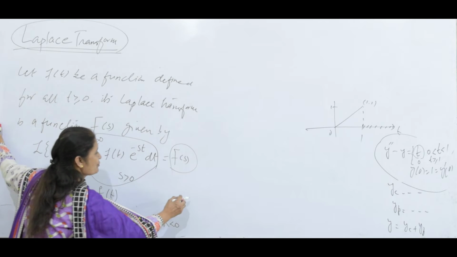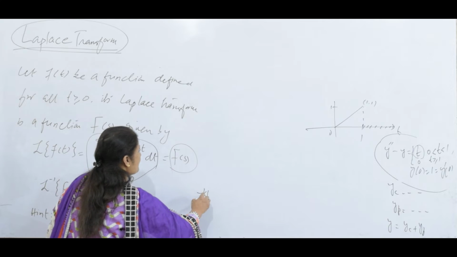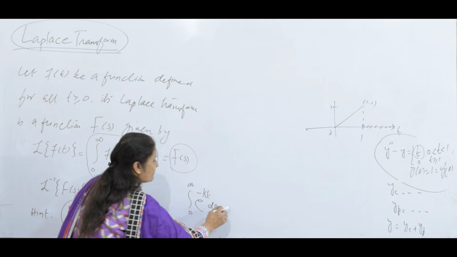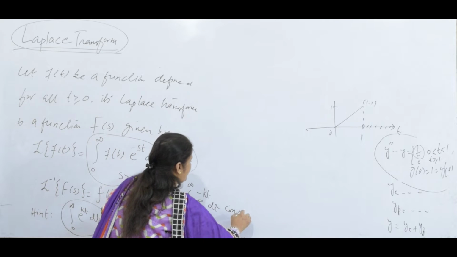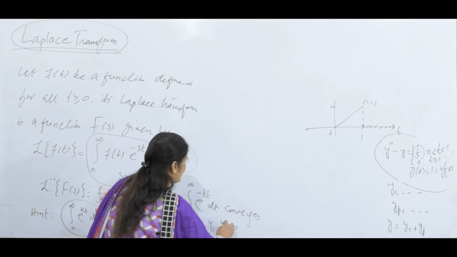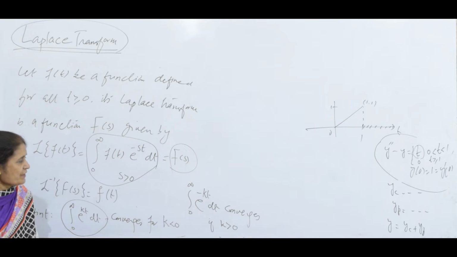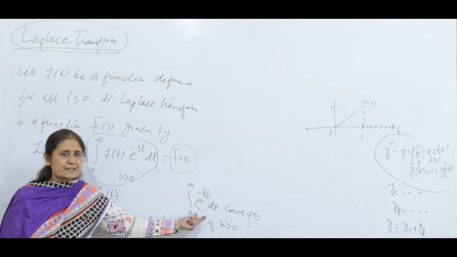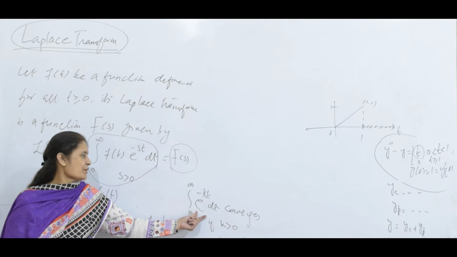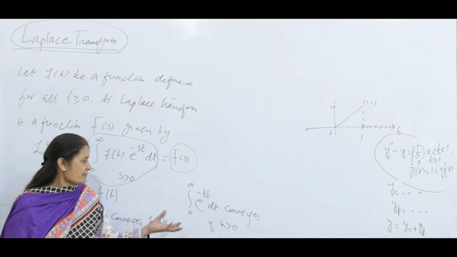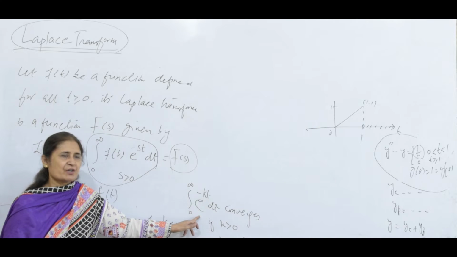And if I write e to the minus kt dt, the integral from 0 to infinity, when does this converge? It converges if k is positive. Look at that. If k is positive, this integral converges. It means if you are integrating this and putting in the limits, your answer must be some definite number. If you are getting some definite value, this integral converges.